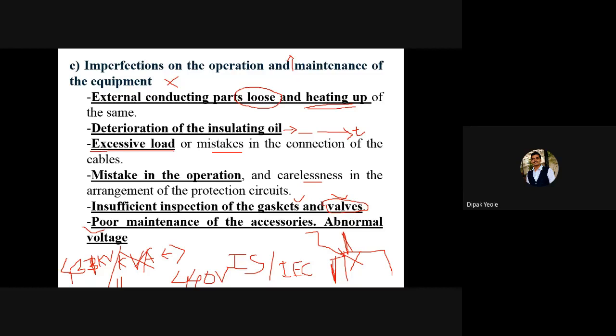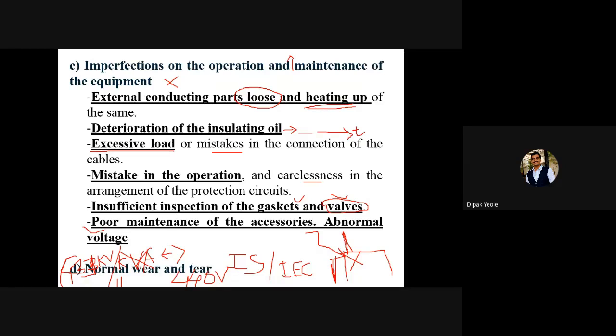The voltage is not normal, and what is our expectation? We have to supply the 33 kilovolt only, but by mistake we are feeding the 43 kilovolt. So this is nothing but abnormal voltage, and it will lead to the failure of our power transformer.